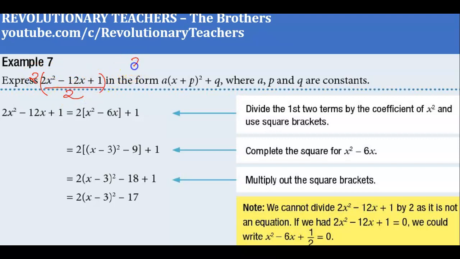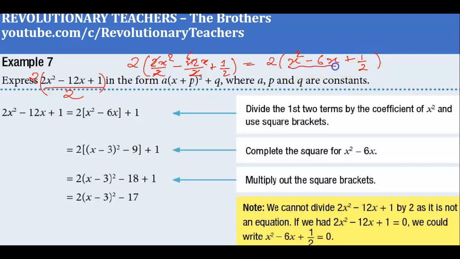So you will be having 2 in the bracket, 2x square upon 2 minus 12x upon 2 plus 1 upon 2. Okay. So this reduces to 2 times (x square minus 6x plus half).